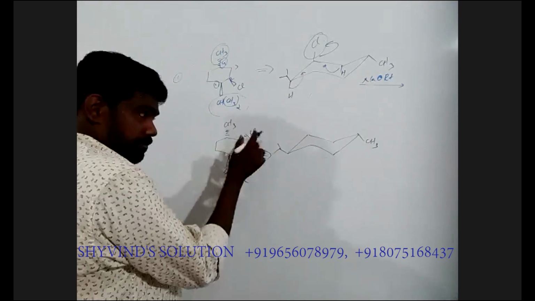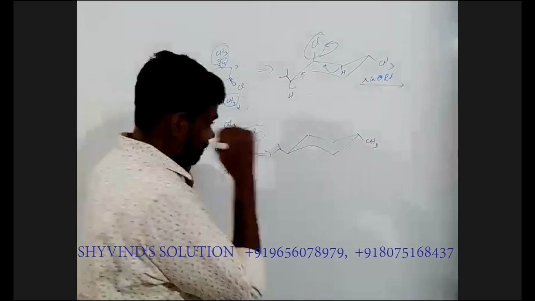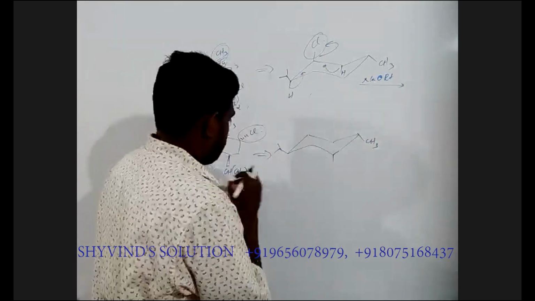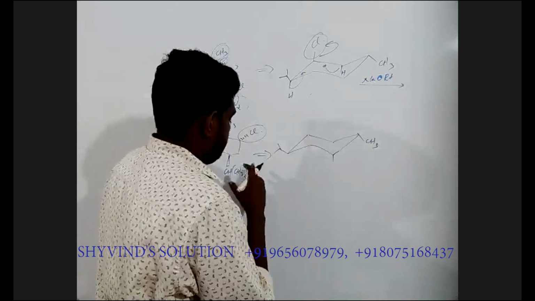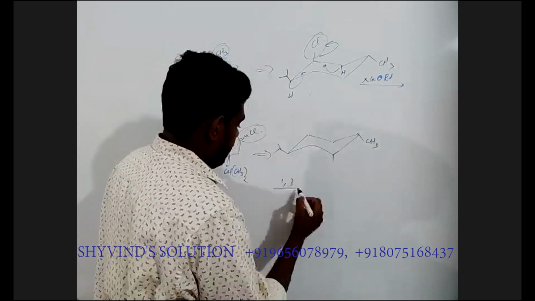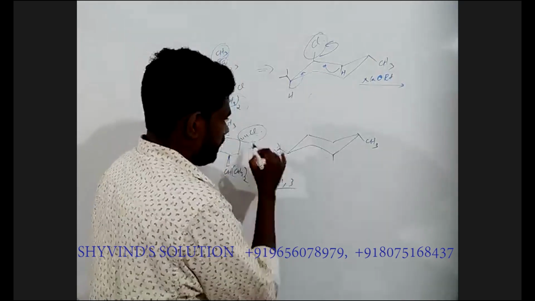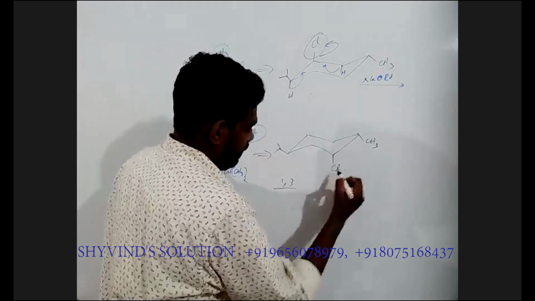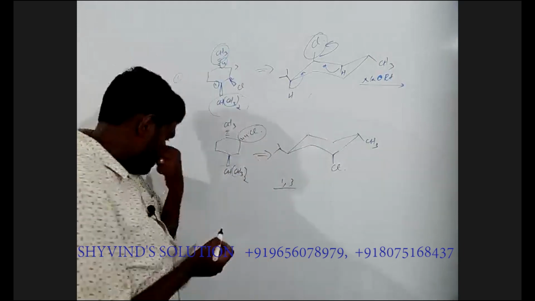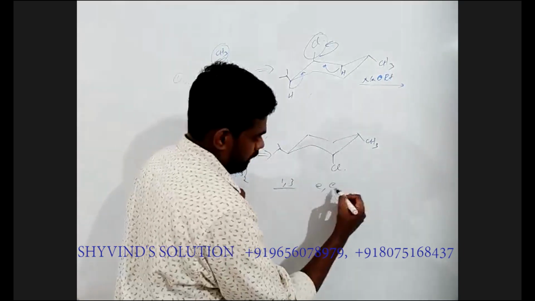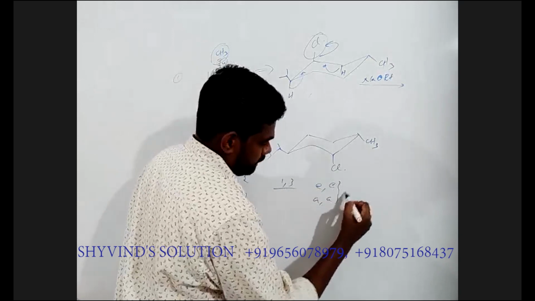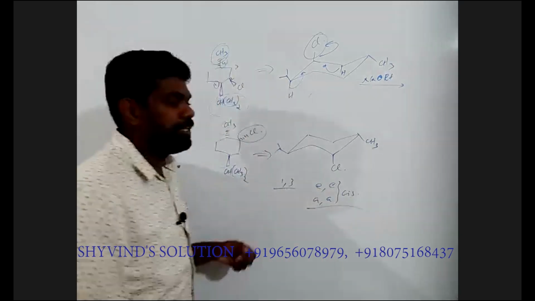And the chlorine is at the third carbon, so here. What about the 1, 3 position? For 1, 3, equatorial-equatorial or axial-axial are cis. So these are trans, so chlorine will be at the trans position. For 1, 3, equatorial and axial are trans. That is the idea.